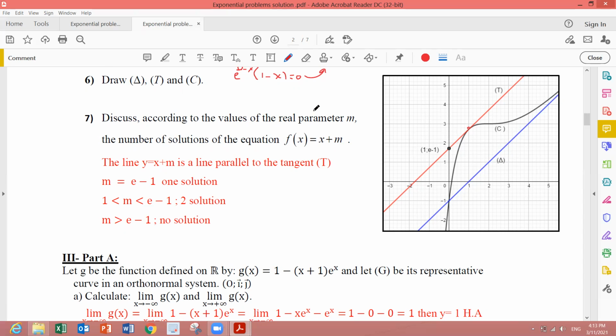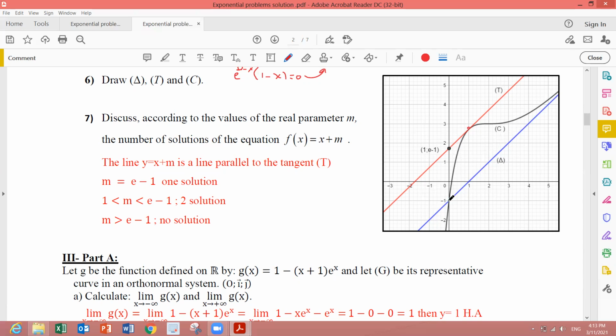The last part, 7. Discuss according to the values of the real parameter m the number of solutions of the equation f(x) equals x plus m. The line y equals x plus m is a line parallel to the tangent or parallel to delta. If m equals e minus 1, we have one solution.